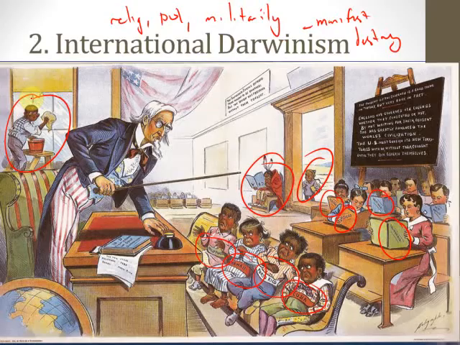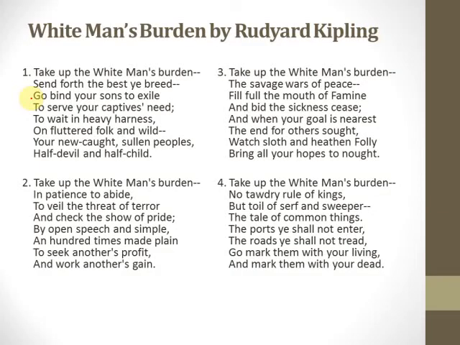You don't have to write this down, but one of the other things that we felt compelled to do is that it wasn't just international Darwinism, but we had to take over these countries because it was our responsibility to. Are you guys familiar with the poem, White Man's Burden by Rudyard Kipling? Has anyone heard this poem before?